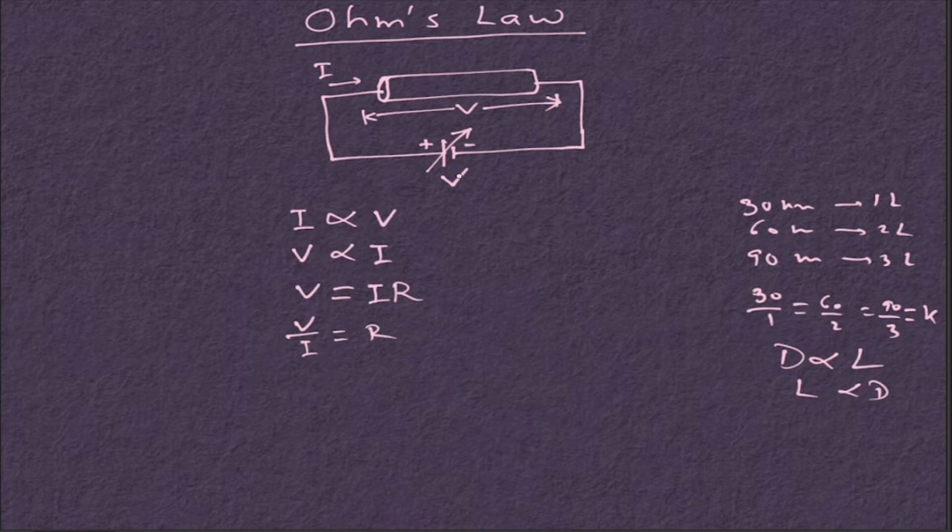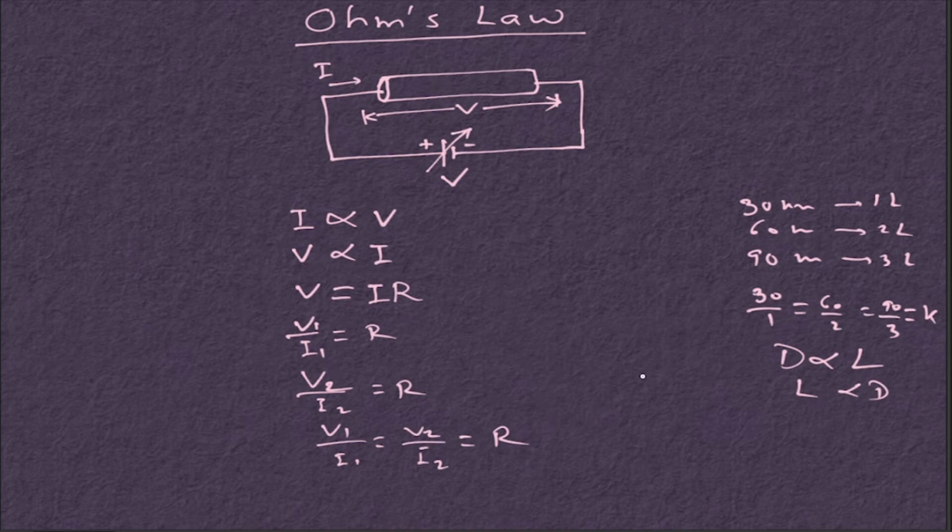So if the voltage is V1 and the current is I1, V1 by I1 will be equal to R. Again changing the voltage, V2 by I2 will be equal to the same R, and V3 by I3 will also be R. So V1 by I1 is equal to V2 by I2, which is equal to V3 by I3, and so on, which is equal to R. So R is the proportionality constant, that is called the resistance of the conductor.